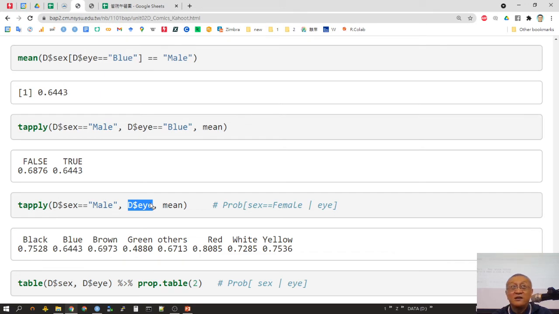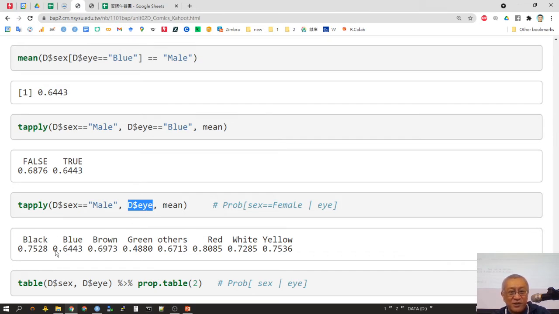Can you see that? Raise your hand. Red, right? The red color has the highest probability of male, right? Now, does it mean that in red color there are more red color males than blue color males?